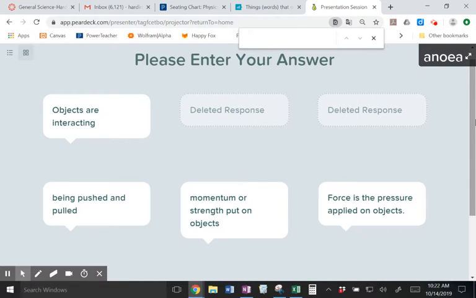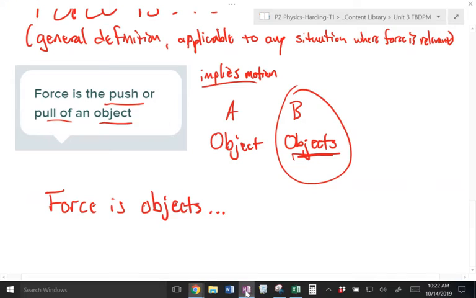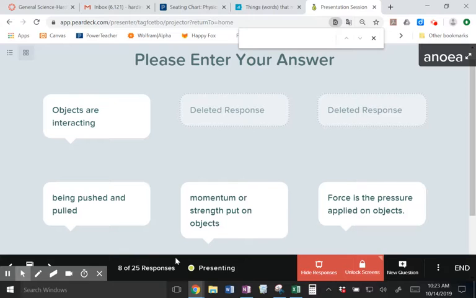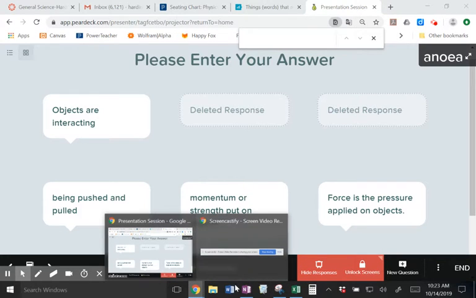Okay. The objects are interacting. Force is objects, how do we spell that?